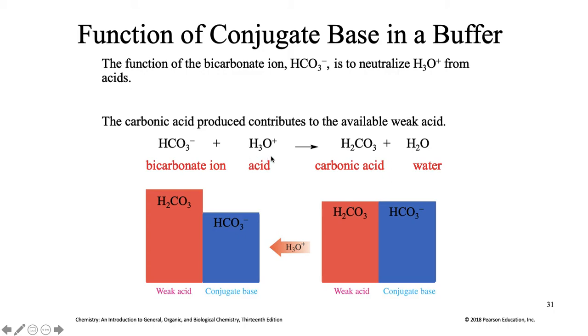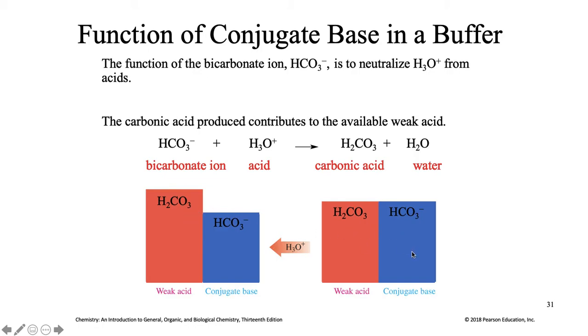Therefore, when I do add H3O plus, because I have an increase in my acid concentration, I have a little bit of a decrease in pH. For example, from 7.4 in the blood, it might get to 7.35. So just a very minimal change because I have both of these components present.